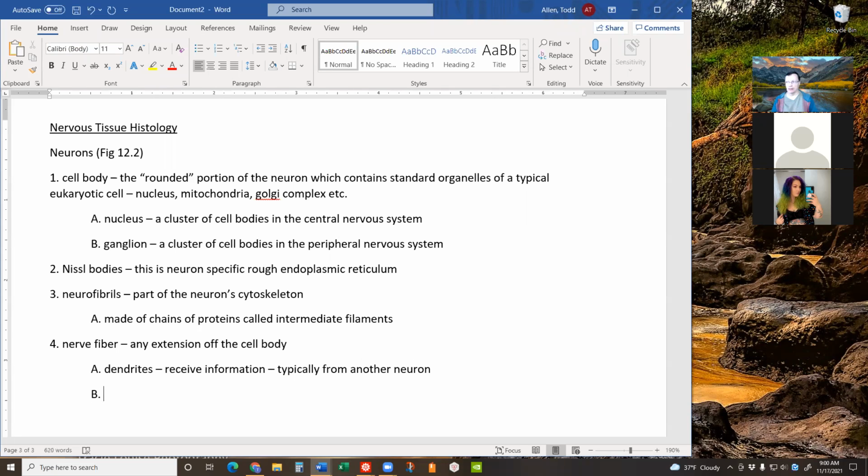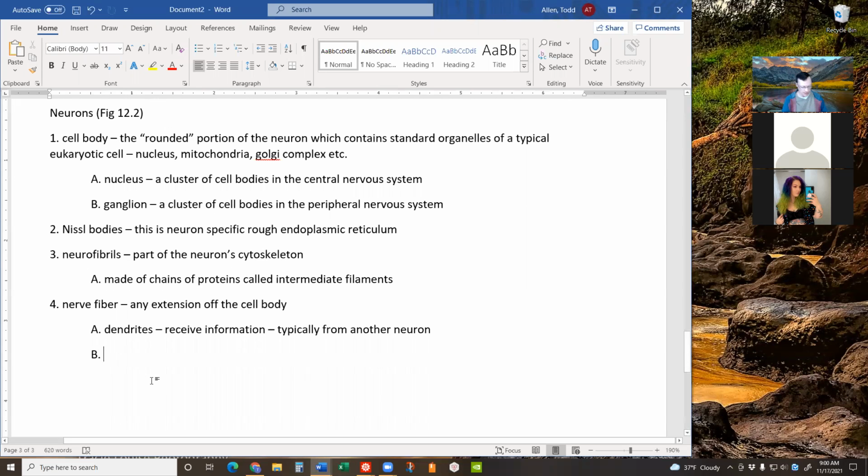We have axons. The standard textbook description of a neuron is going to show you a neuron that has multiple dendrites and then a neuron that has one axon. And while that is frequently true in the nervous system, it is possible that you can have a neuron that has multiple axons. That does exist. Okay, so an axon is a nerve fiber that sends information away from the cell body.